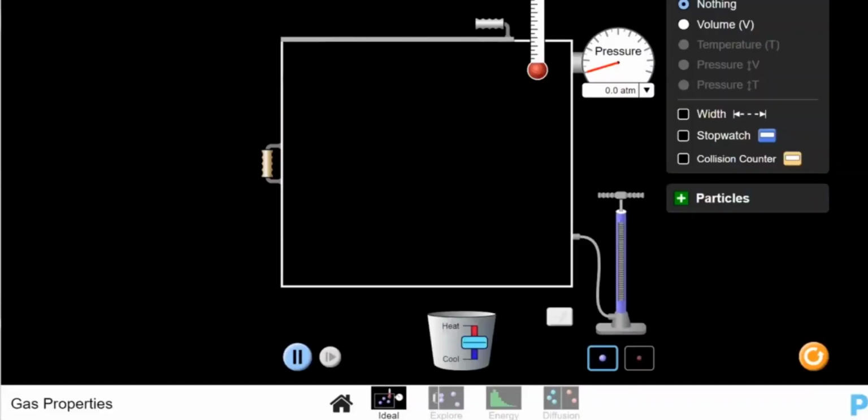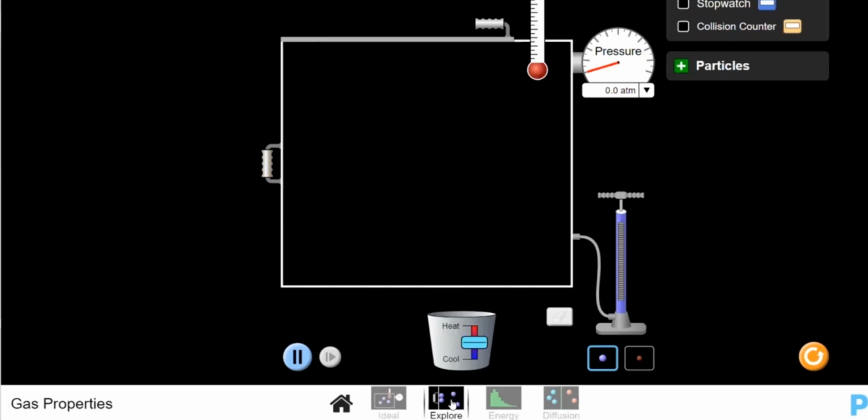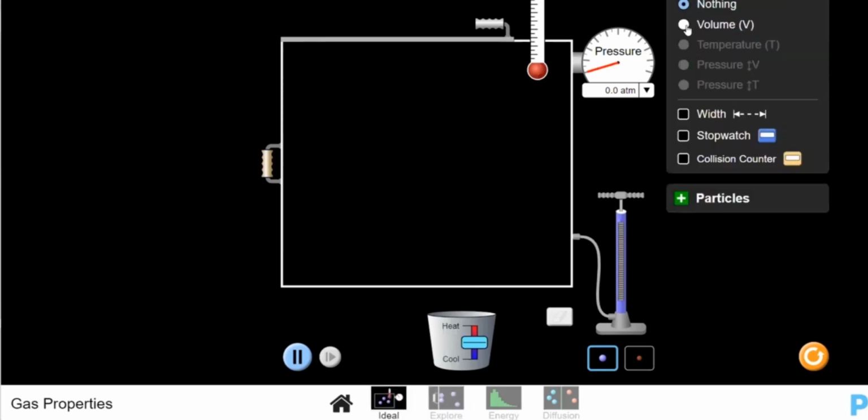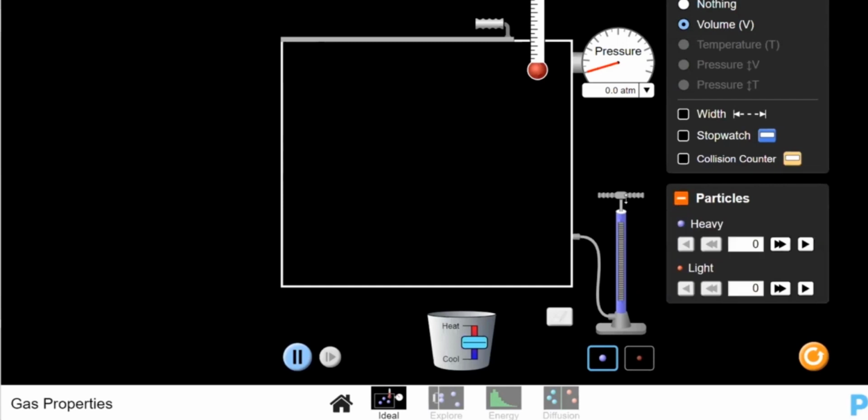Okay, so if I'm sharing the screen, which I am, watch what happens when I specify hold constant. All right, first let me put some gas into this container.